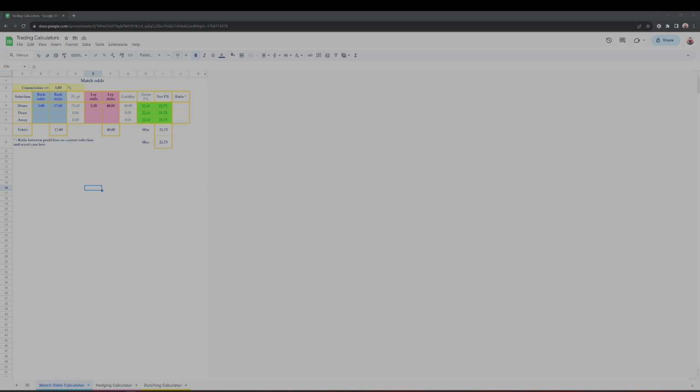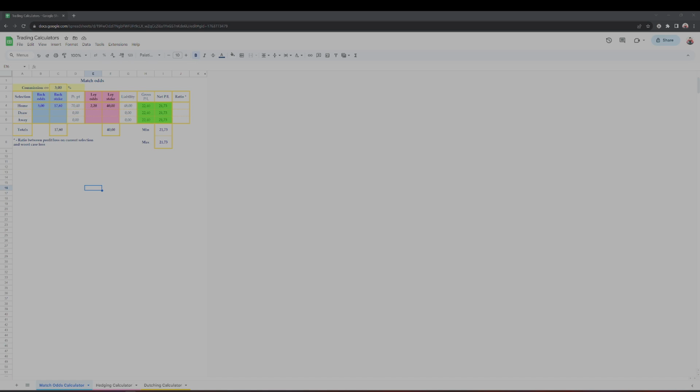And when trading a football game, the situation in the market may change very quickly, very rapidly. So it is very important that you have something with you that allows you to calculate things quickly.